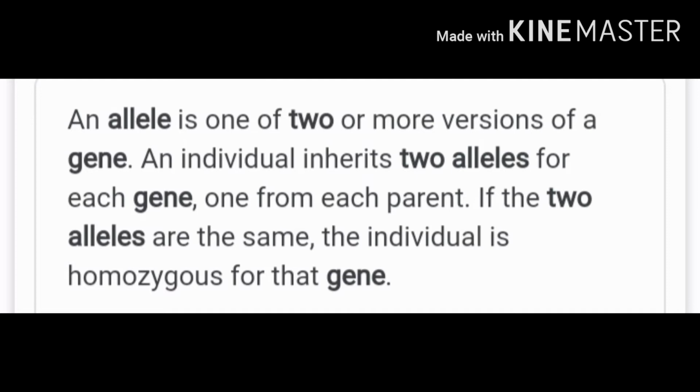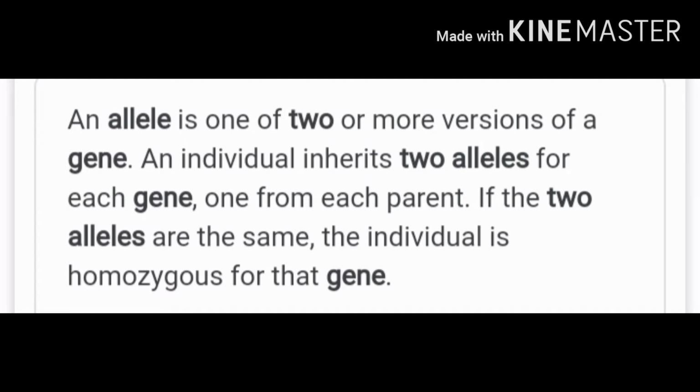Let us understand this with the help of an example which we are going to study in this chapter. As Mendel has taken pea plant varieties for his experiment, here we are taking the example of the pea plant, tall and short plant.